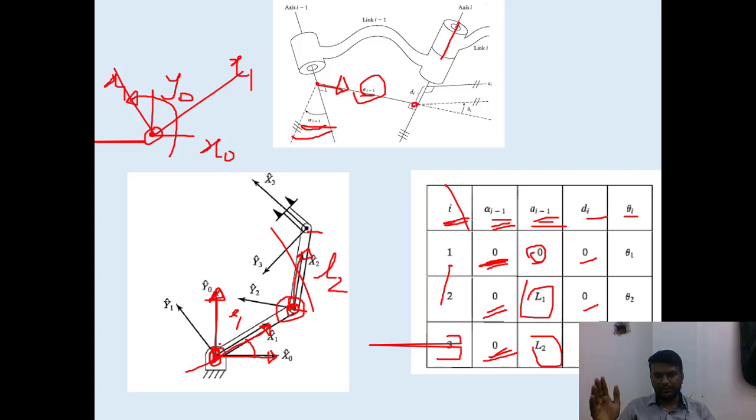When we talk about offset, it is when two axes are in different planes. Here there is an x axis and one more x axis. Here all the x axes are in the same plane: x here, x here, x here, in the plane of the paper.